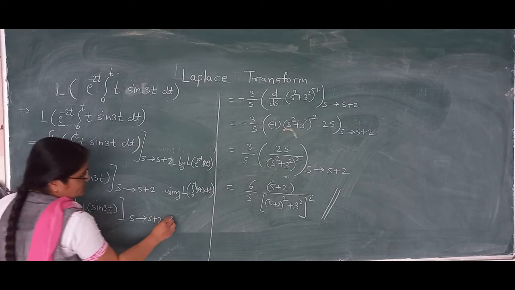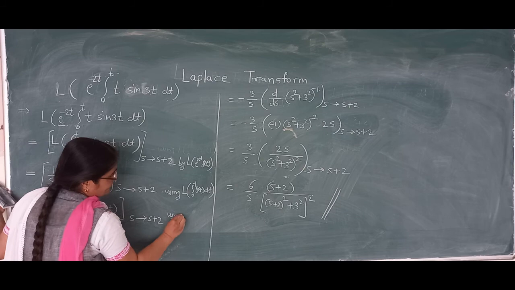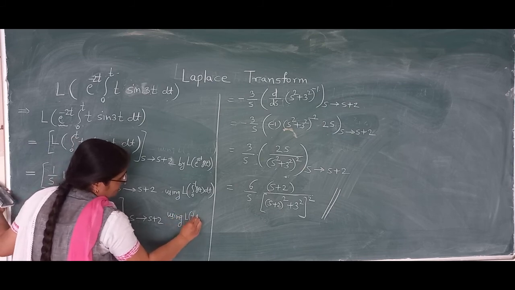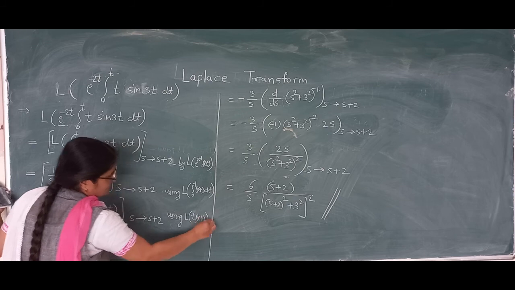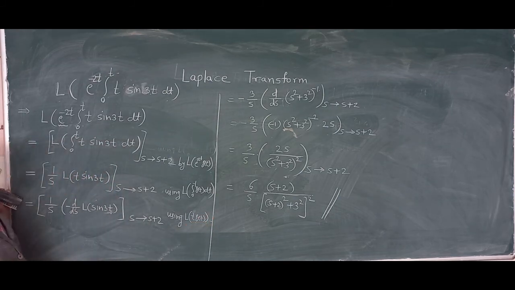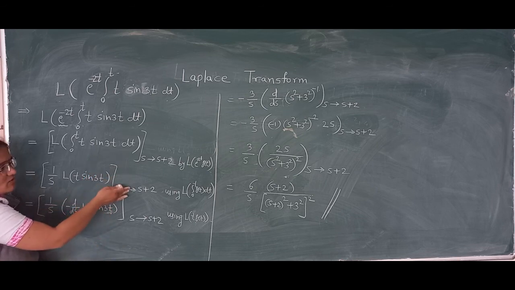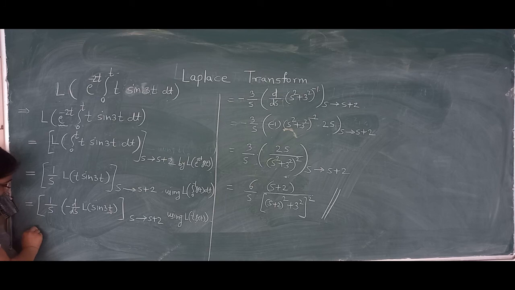Here we have used Laplace of t f of t property. The same property we have used as in the previous example, but the sequence of properties is changed. Because of this, a change in answer will be there. A slight change in answer is there.